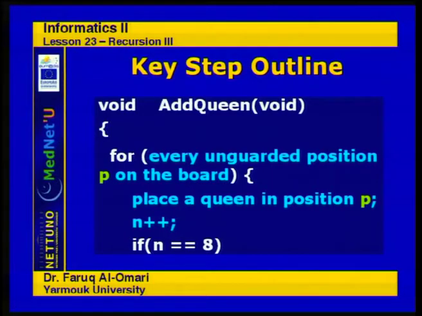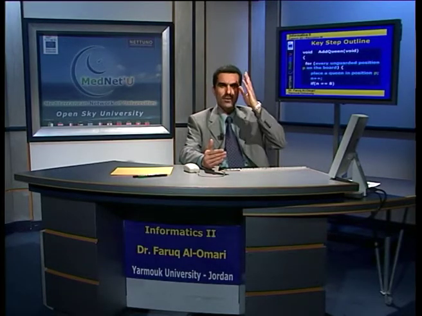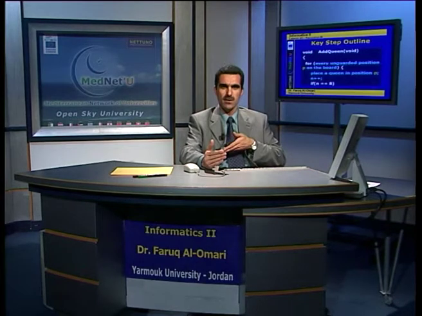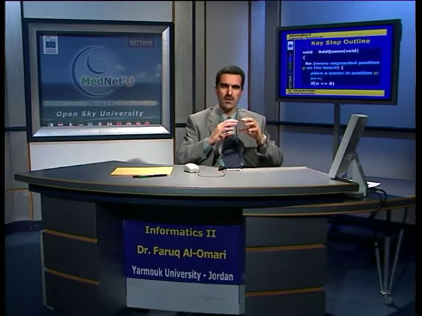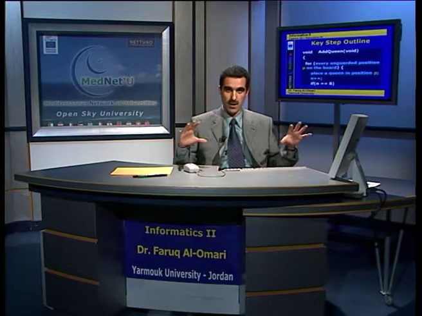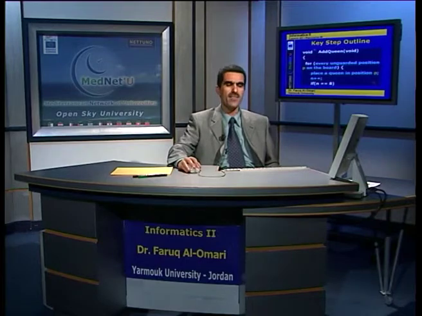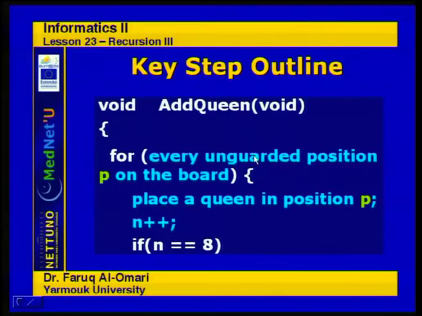That means I'm not going to look at any row, column, or diagonal which is guarded because there is a queen somewhere on the chessboard guarding these positions. We're going to look at all other free positions. If we find one of those, then I'm going to place a queen at that position, and the number of queens on the board is incremented by 1.